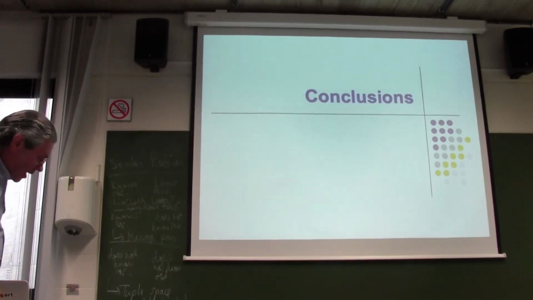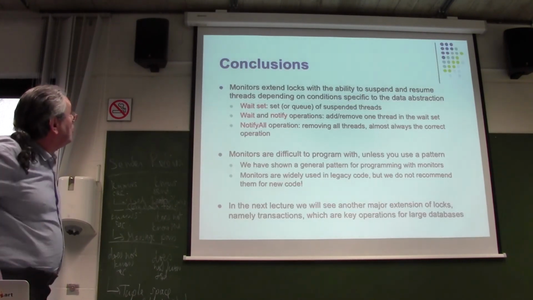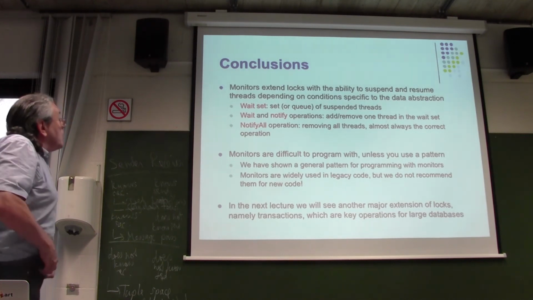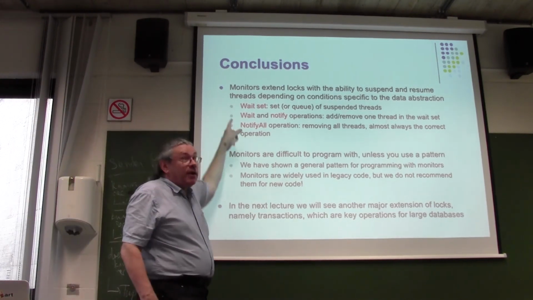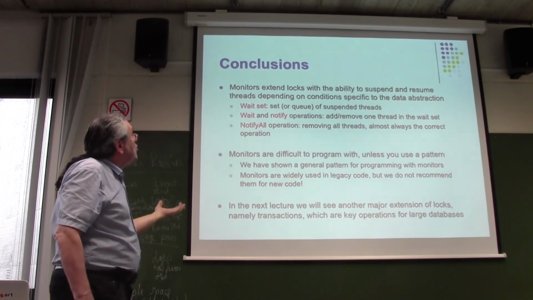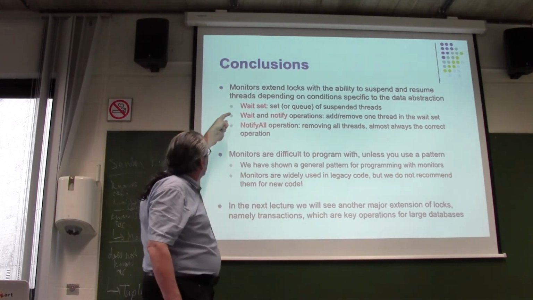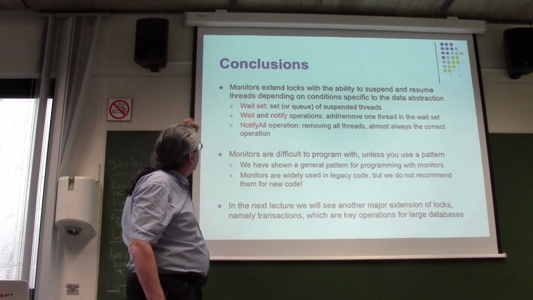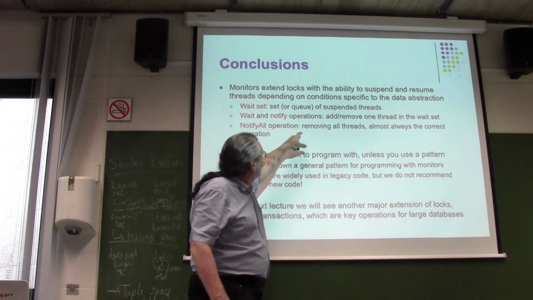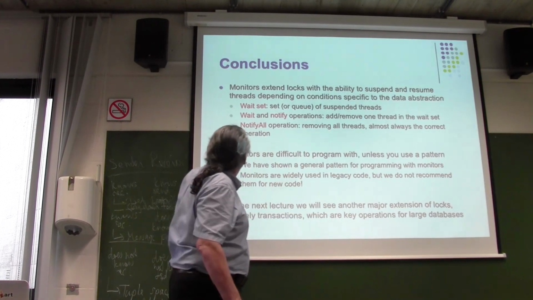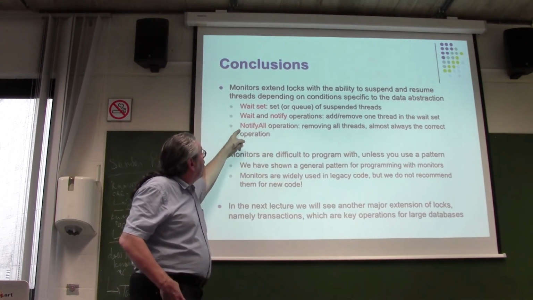Okay, so let me now conclude on monitors. Monitors are extending locks. You can suspend and resume threads depending on conditions. You have a wait set, and you have wait and notify operations, where we're adding and removing a thread in the wait set, and you have notify all.